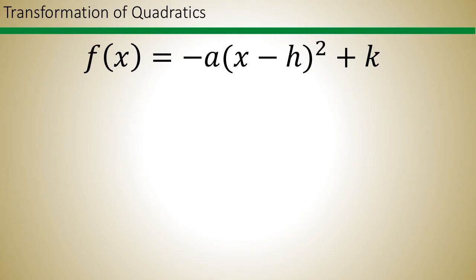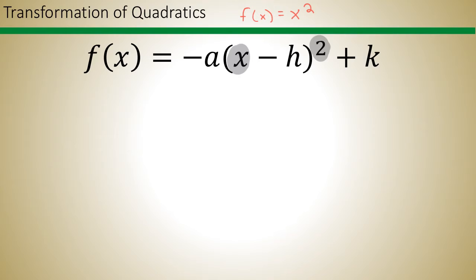Here is an example, and we're going to see some transformations from this. Remember that our parent function is f of x equals x squared. Anything that is not x squared is going to cause something to happen here. We see the x right here, and we see the square here. Everything else that we see is going to cause some kind of transformation, okay?